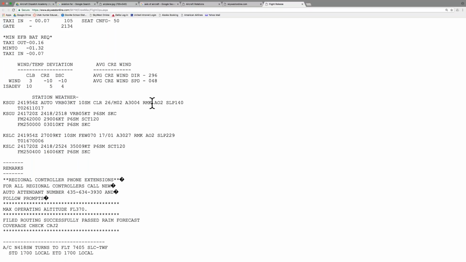At SkyWest, we'll have upwards of 50 flights over a 10-hour shift, 50 to 55 flights on an average day. Some days we'll have a little less, but SkyWest is currently operating over 2,400 flights a day. We have a total of 94 dispatchers currently, so we each do our part in taking care of those flights.